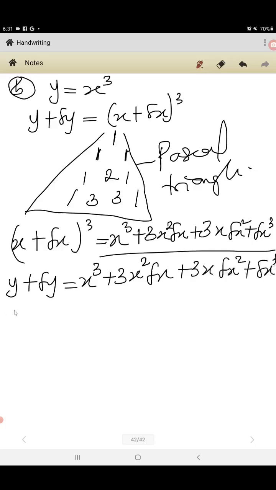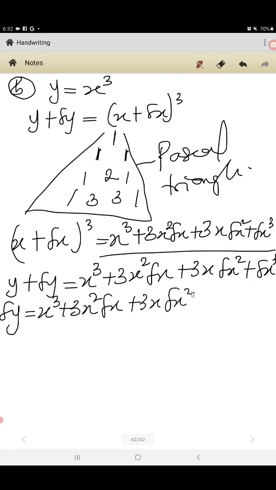So you now have y is equal to s cubed plus 3s squared dx plus 3x ds squared plus ds cubed, minus what is the value of y, which is s cubed.